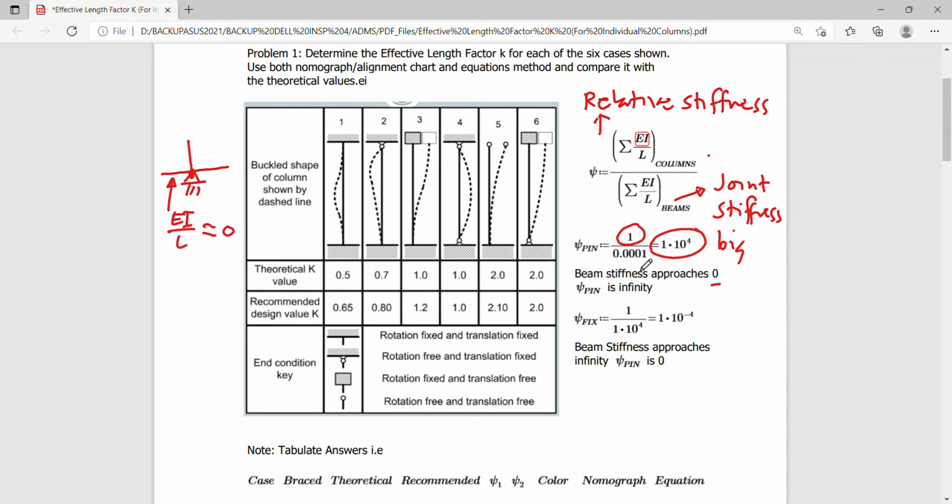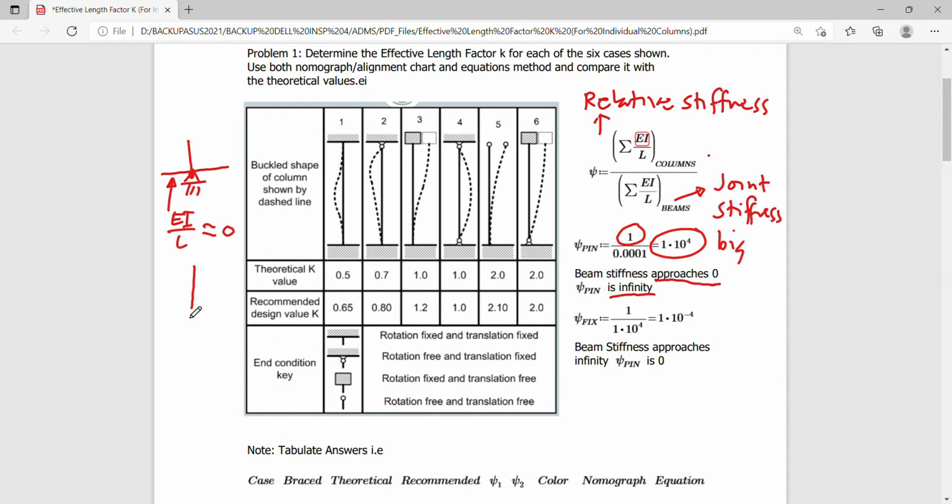I assume a very small value here, since if I divide 1 by 0, I will get an infinite number. So the small value here represents a value of the beam stiffness approaching 0. Hence, the psi of the pin is now a big value which represents an almost infinite value.